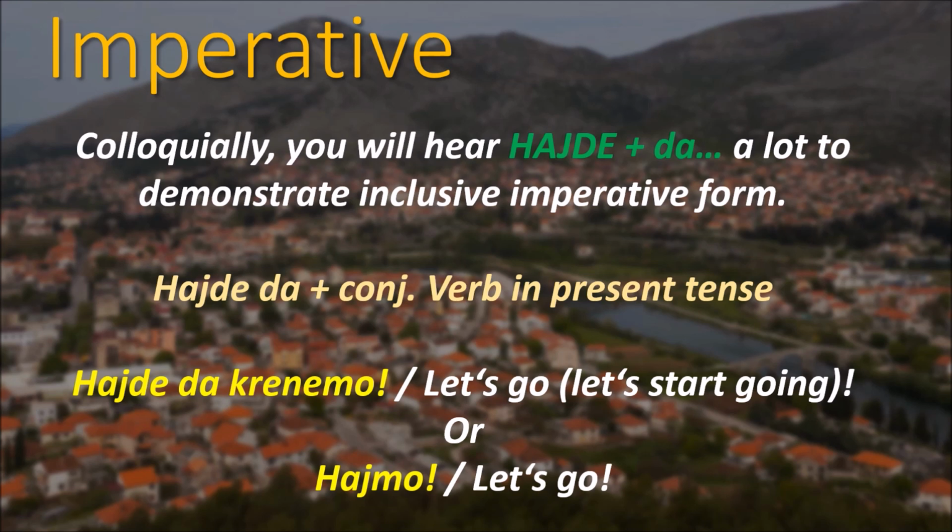The infinitive of that verb is "krenuti", and it goes "krenem, kreneš, krene, krenemo", which is "we are going" in the present tense. So here you don't have to use the imperative form. You can just use the present tense, and you will get the same result. It's still going to sound like the inclusive imperative form.